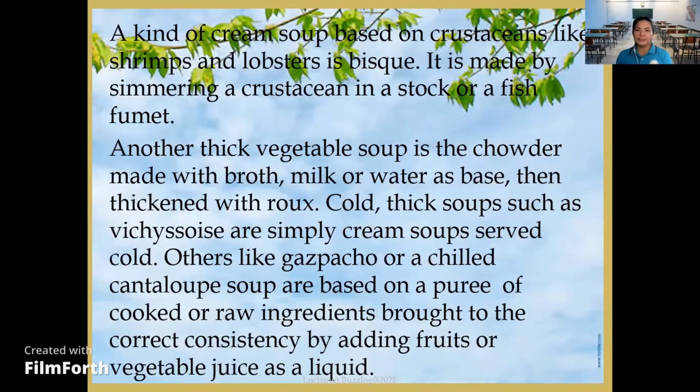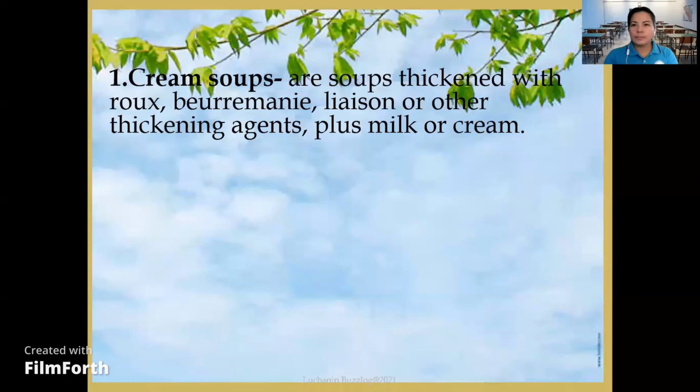So yan. Cold thick soups such as the vichyssoise are simply cream soup served cold, and others like the gazpacho or a chilled cantaloupe soup are based on a puree of cooked or raw ingredients brought to the correct consistency by adding liquid.